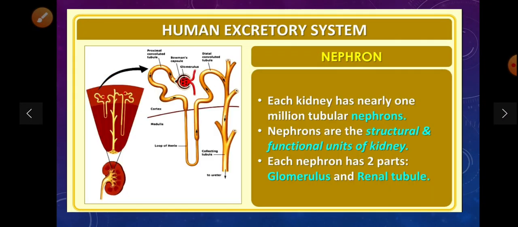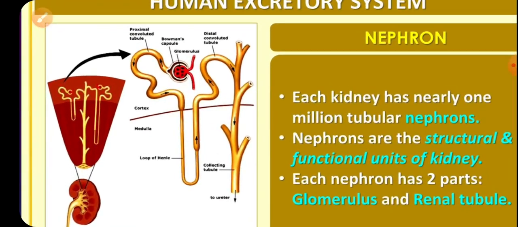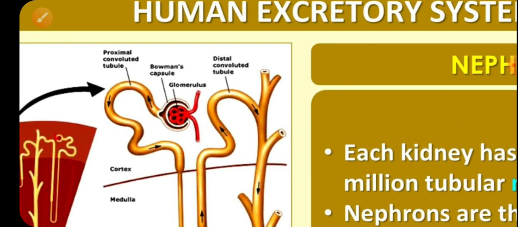Now nephron. Each kidney has nearly 1 million tubular nephrons. Nephrons are the structural and functional unit of the kidney. Each nephron has two parts, glomerulus and renal tubule. That we can see here in the diagram.